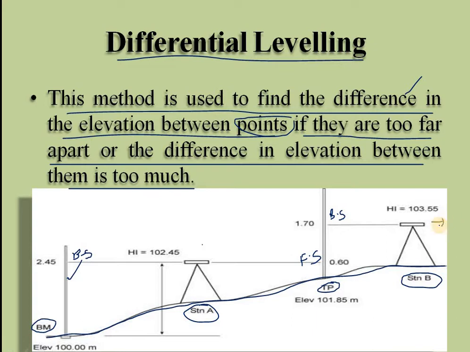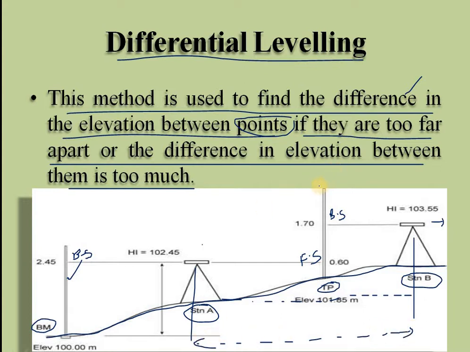This is another side. Here we can observe the difference between the two points. This is our instrument, and we can see the natural difference between the ground levels. The dotted lines which are there, you can observe the difference between the ground levels.